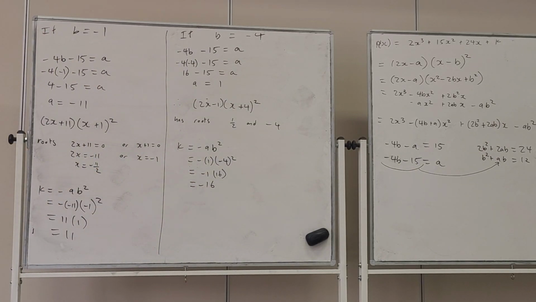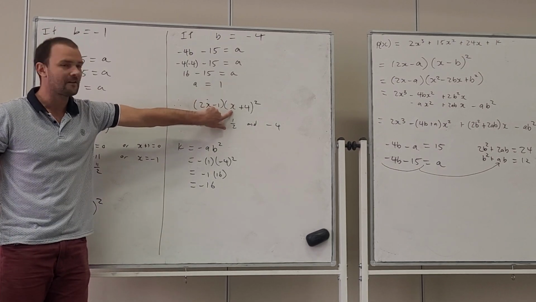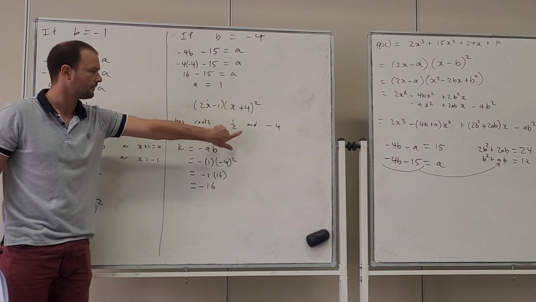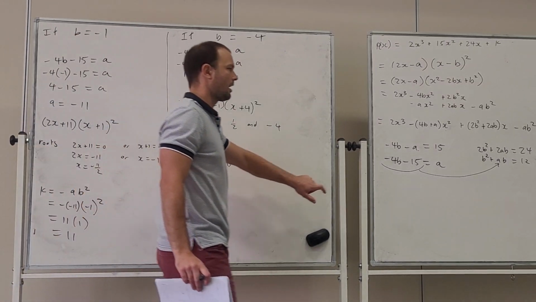With b is minus 4, we can solve through to find a. We express it as the factorized cubic, we can identify the roots accordingly and the value of k from our equation here for k.